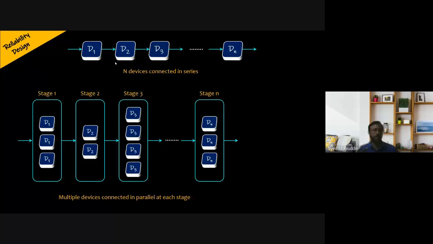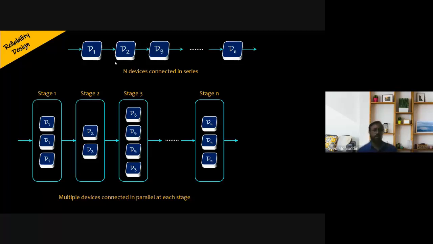That is, device 1 is connected to device 2, is connected to device 3, and so on to device n. What happens is, in this case, if one device fails, the process is stopped. The manufacturing process is halted.